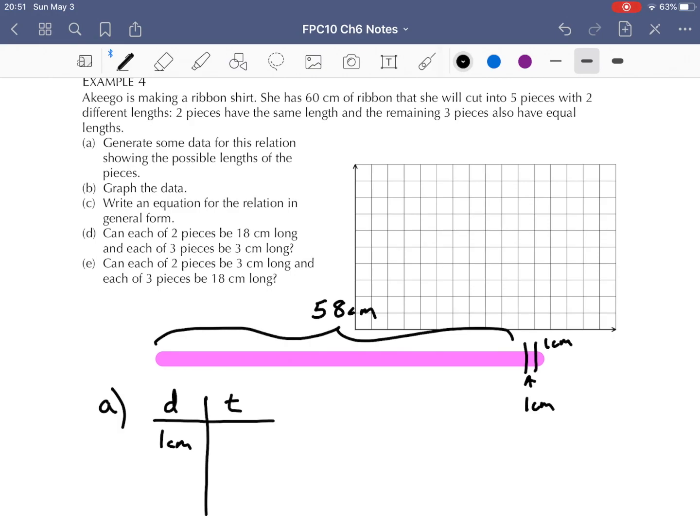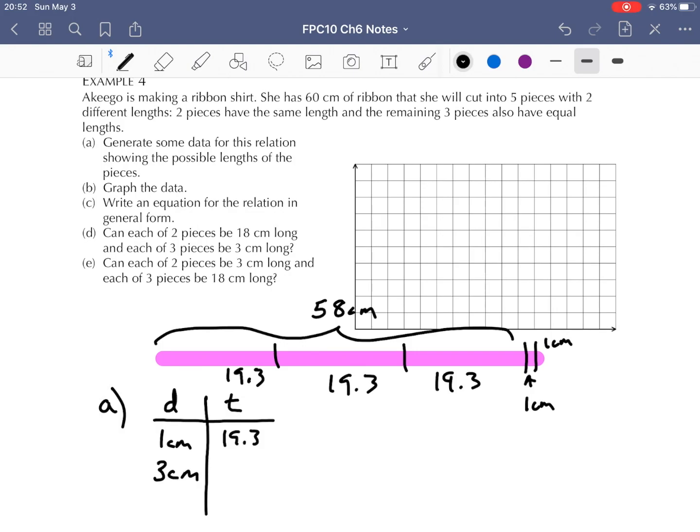That means each one of those pieces will be 58 divided by 3, and 58 divided by 3 is a strange number. It is 19 1/3. So these will all be 19.3, 19.3, 19.3.